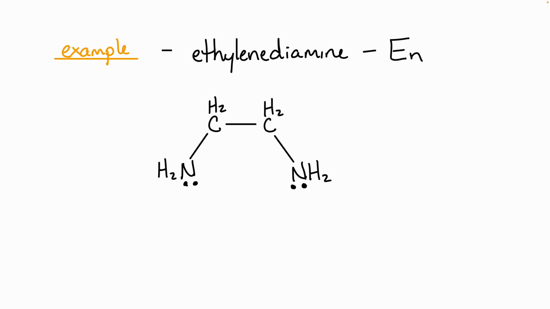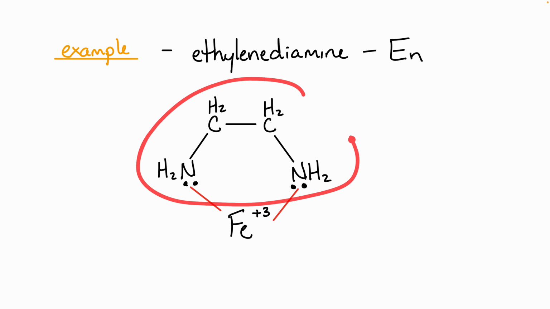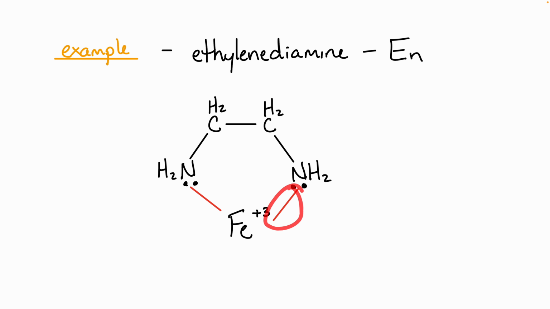And if we put this next to one of our transition metal ions, what we'll see is that it forms a coordinate covalent bond with 1 lone pair. But then it kind of wraps itself around that ion and forms a second coordinate covalent bond with that other lone pair. All right, so this single ligand here is able to form 2 coordinate covalent bonds with that central metal ion.